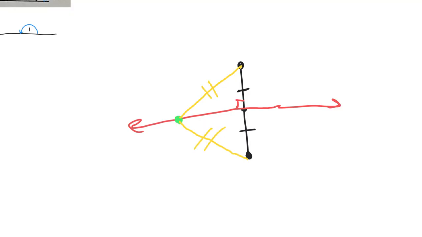It's the perpendicular bisector theorem. So you need to just be clear: whenever you see this pattern, it means these are equal.